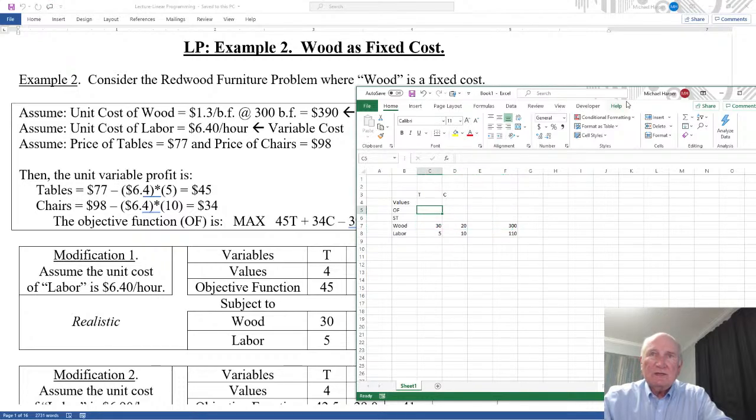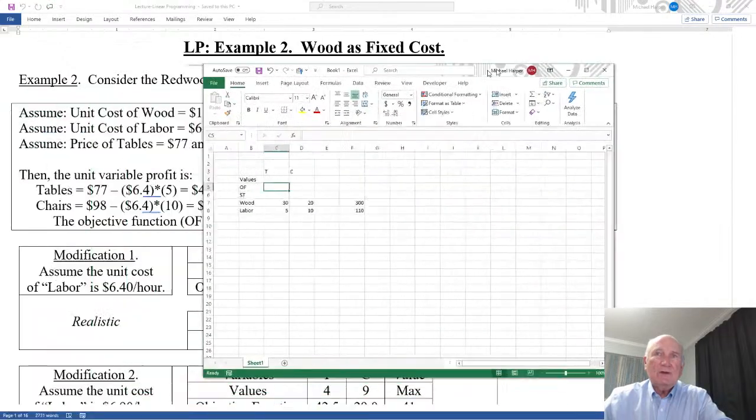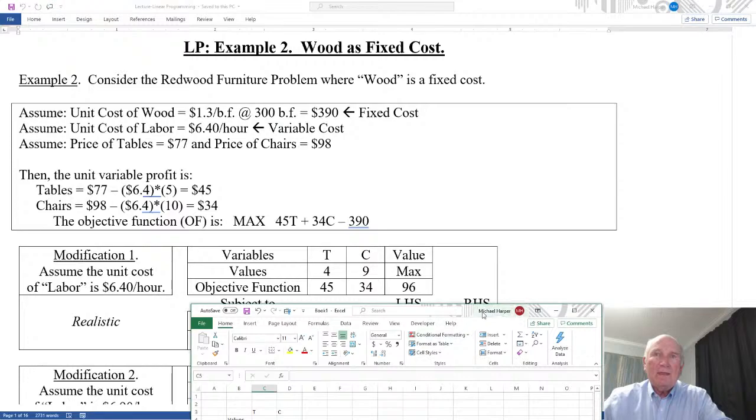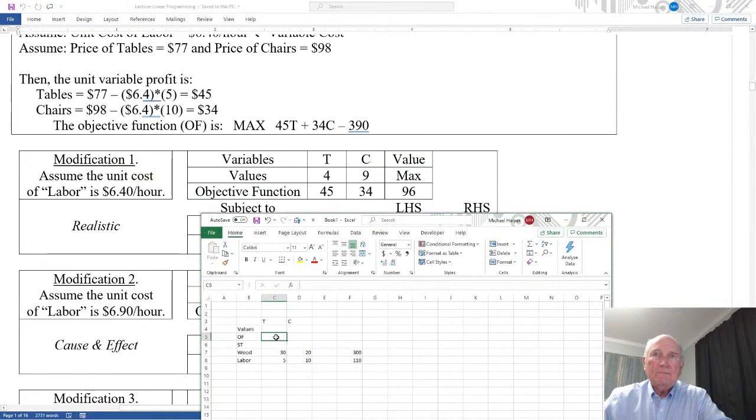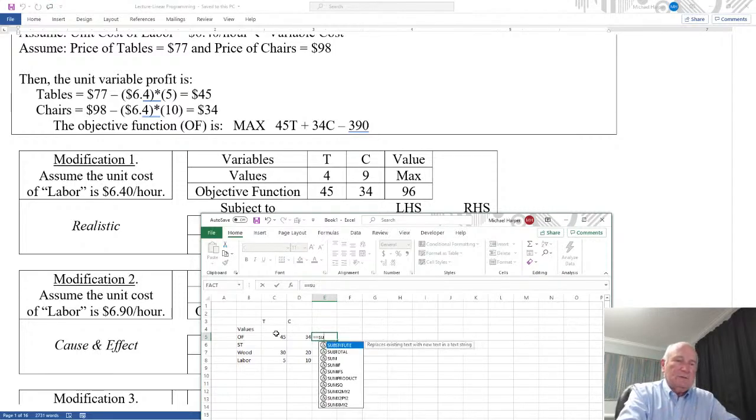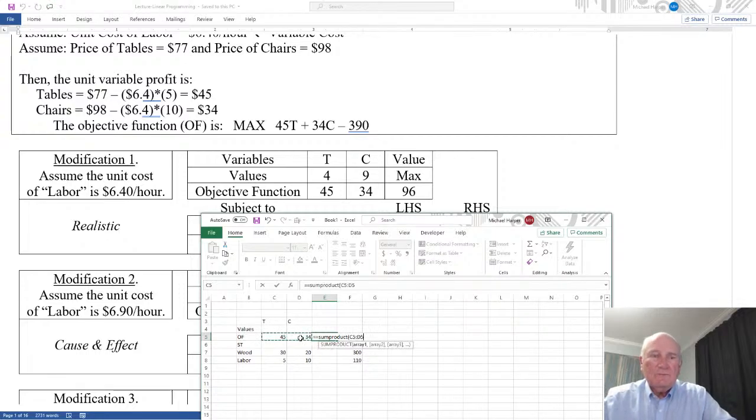The objective, so we had 45 and 34. $45 and $34, and this is going to equal the sum product of these two and these two minus 390.